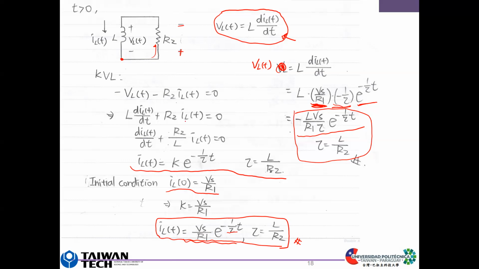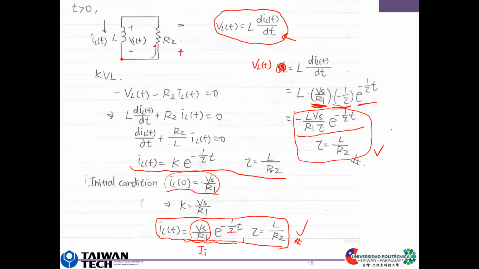And for discharge, you need to find out the initial current first. This could be II, right? This is II in the previous formula. Once you find out the initial current, then you are able to write the equation of the inductor current during discharge. Okay, so this is the current and this is the voltage of the inductor. So this is the answer of this example.